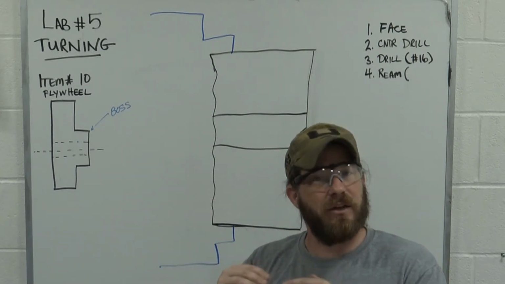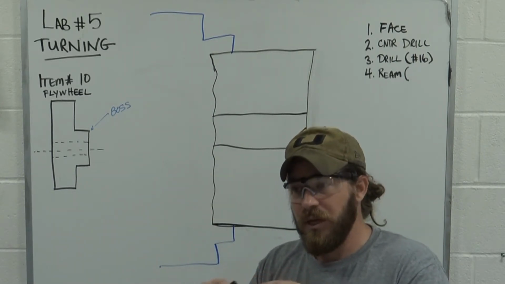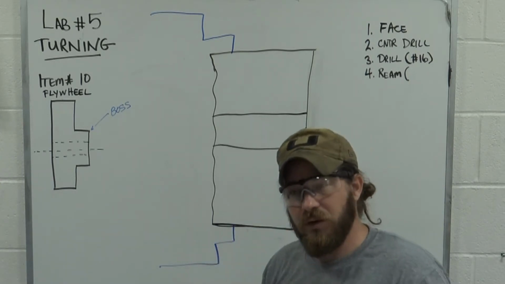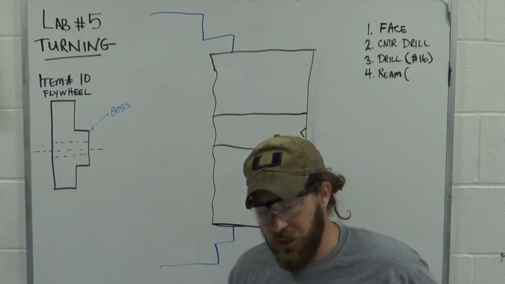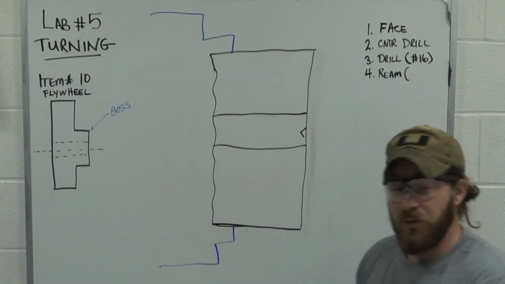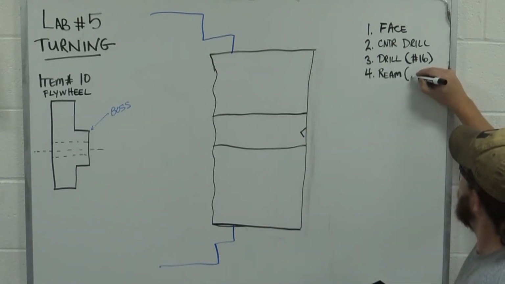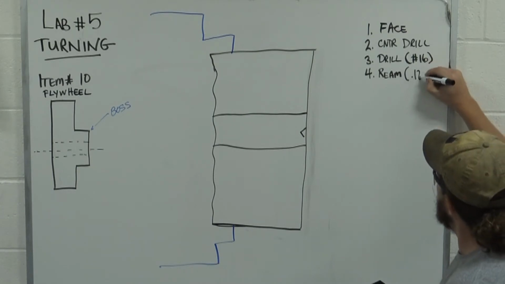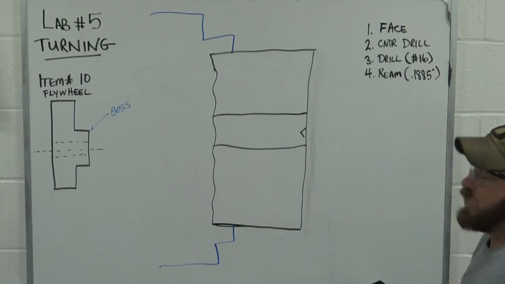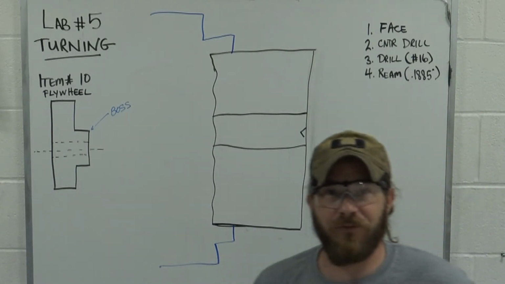That's why we want to stay on the bottom side of that tolerance zone. That way, if it makes the hole a little bit bigger, hopefully we're still in that same tolerance zone. So we're going to use the .1885 reamer.